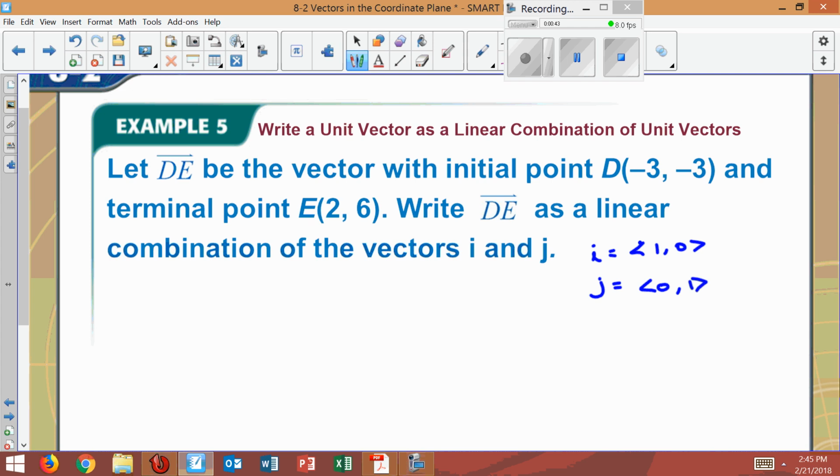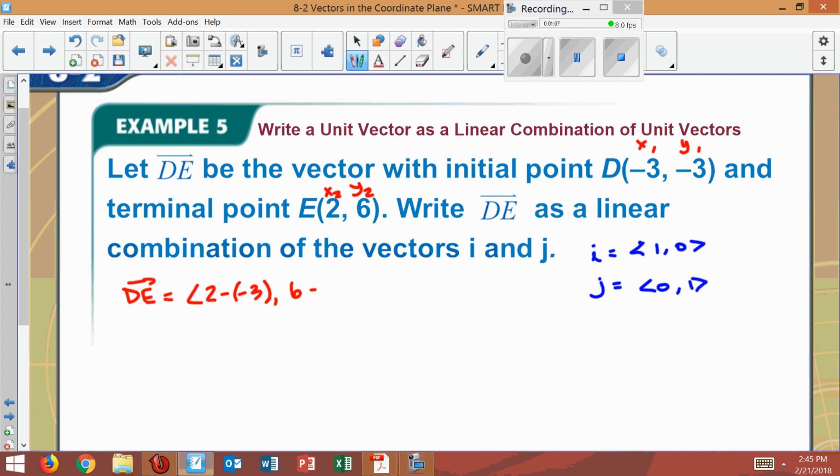And so the vector DE, we could determine by doing x2 minus x1. So this is the terminal point. So 2 minus -3. Oops, parentheses. And then now y2, and this is x2, this is y2. We're going to do y2 minus y1.